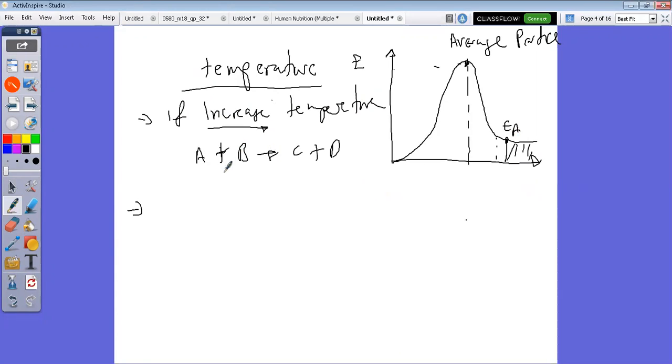We don't know whether it's solids or what, but in general, if I increase temperature, what happens to the particles? They gain kinetic energy. That's what I was looking for. The reactants gain kinetic energy.